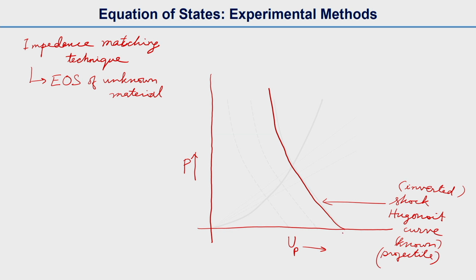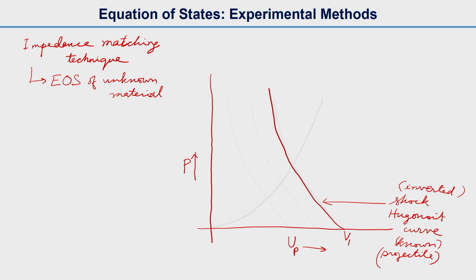This is happening at, let us say, impact velocity V1. That means in the projectile the particle velocity is initially V1 at the time of contact, and then it decreases while the pressure increases.